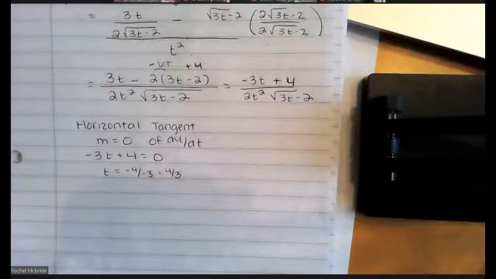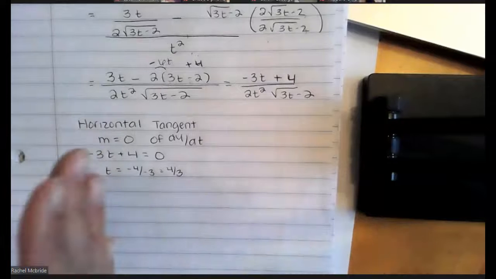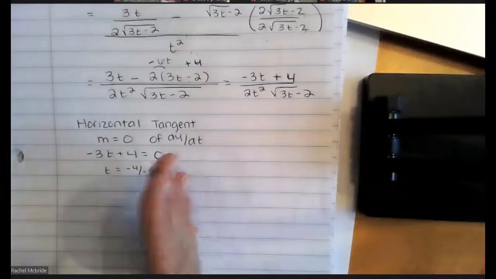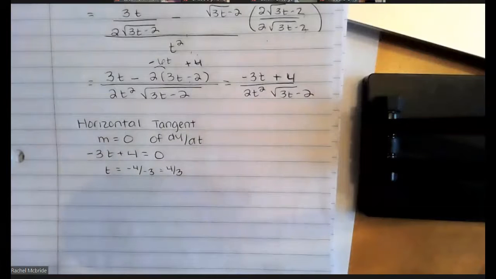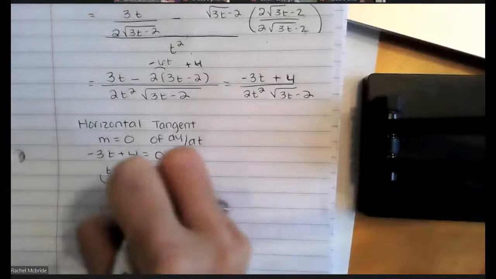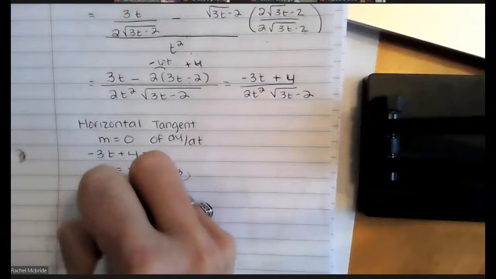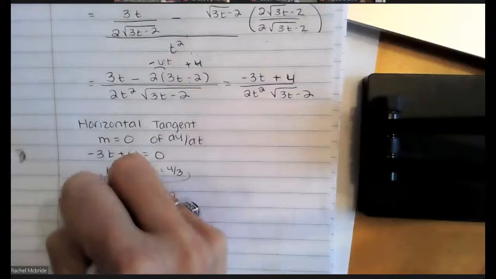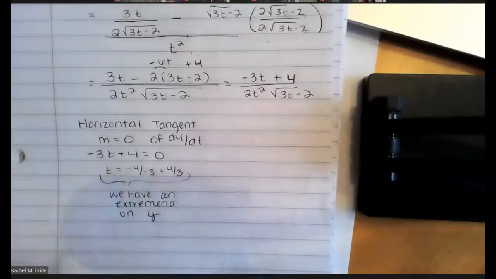And if you go back to our important chart with the f prime, etc., if the derivative is equal to 0, then the original has an extrema. So basically what this is telling me is that at t equals 4/3, we have an extrema on y.